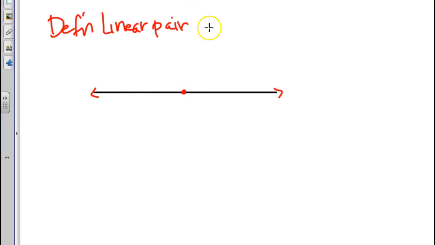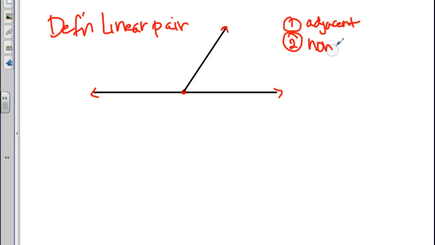So here's a linear pair. They have to be adjacent, and the sides that they do not have in common are opposite rays.